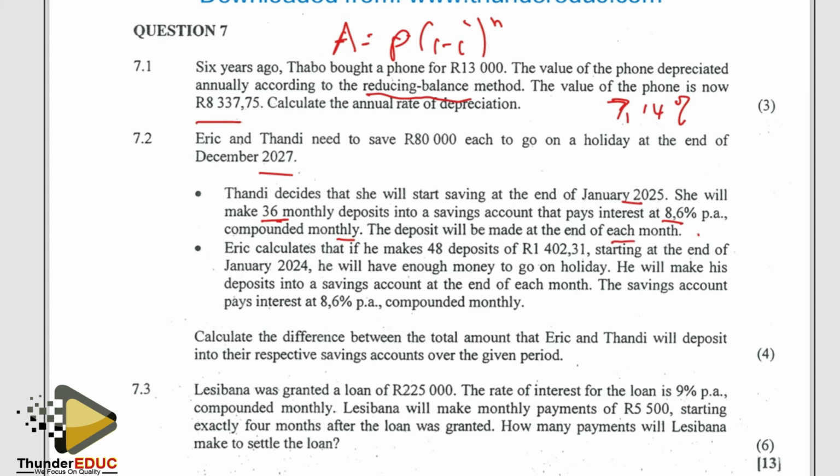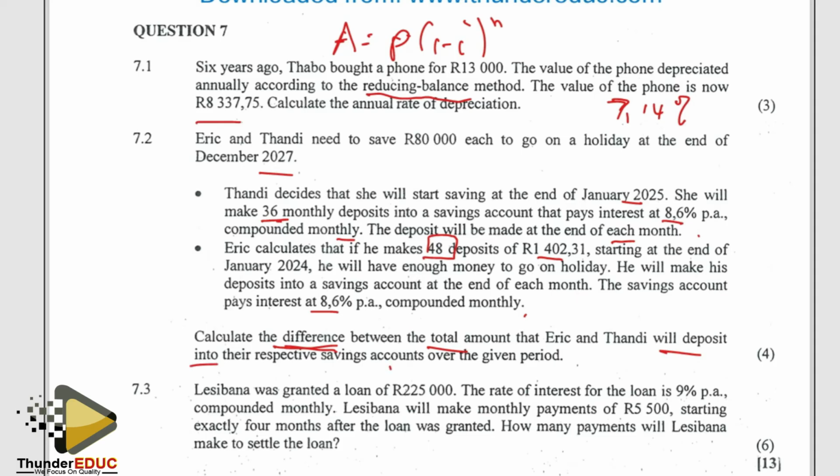Deposits will be made at the end of each month. Eric calculates that if he makes 48 deposits of this much, starting at the end of January, he will have enough money for the holiday. Same rate, compounded monthly. Calculate the difference between the total that Eric and Tandy will deposit in their respective accounts.